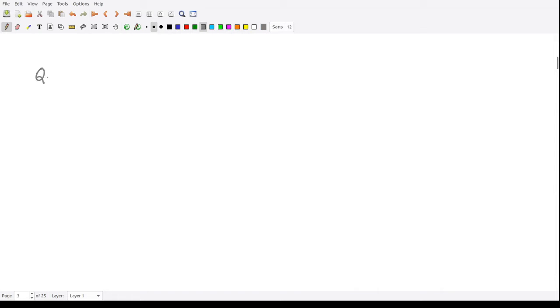So second question, it says that if vector r is given to be 5t square i cap plus t j cap minus t cube k cap. So this vector r is given to us.